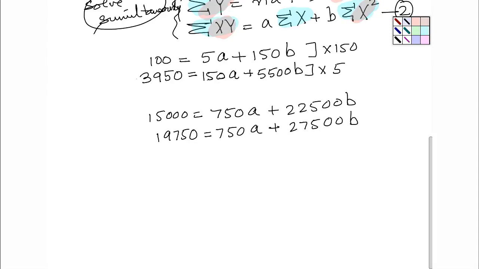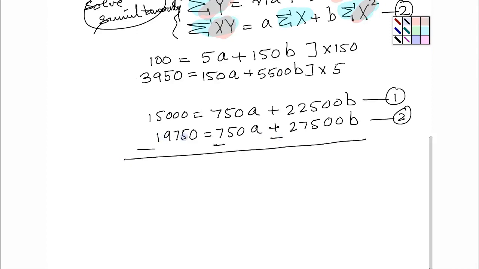Okay, this becomes my first equation after I have substituted, this is second. Let me subtract second from first. So in order to do that, I will have to change the signs of second equation. So this 19750 becomes a minus 19750. This 750 becomes a minus 750. This 27500 is minus 27500 now.